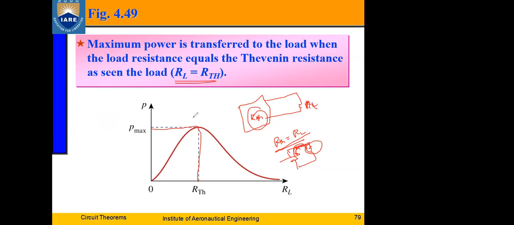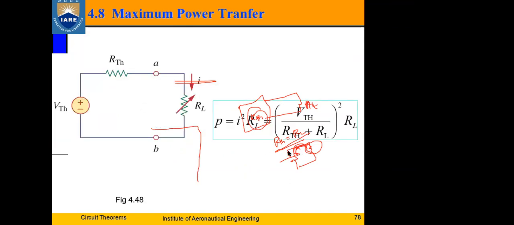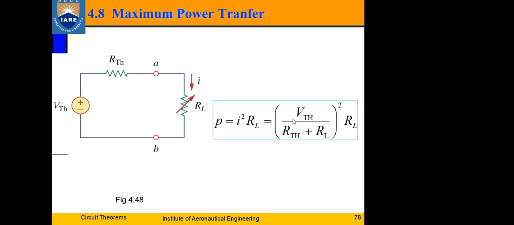Am I clear? So what is the statement of the maximum power transfer theorem? It states that the power delivered to the load resistance will be maximum when the equivalent resistance of the circuit is equal to the load resistance. That's what is defined here.